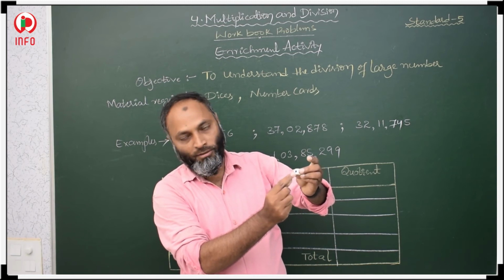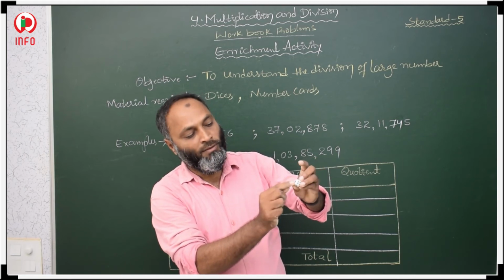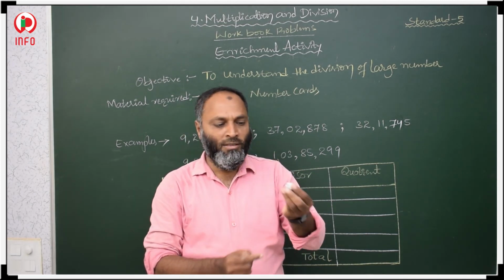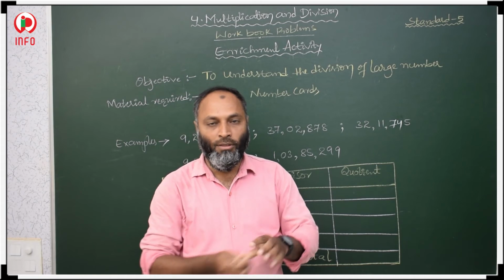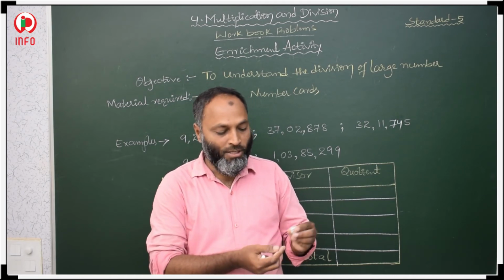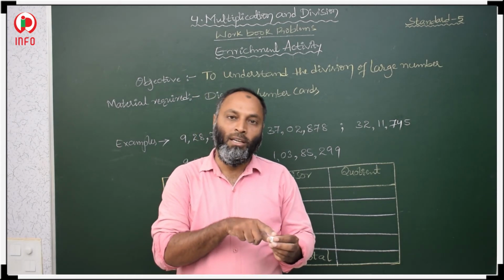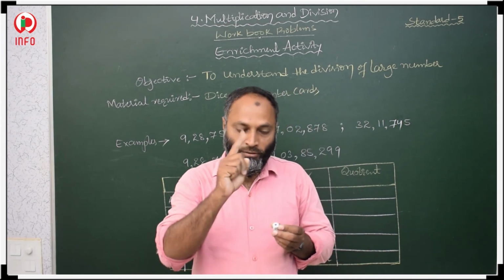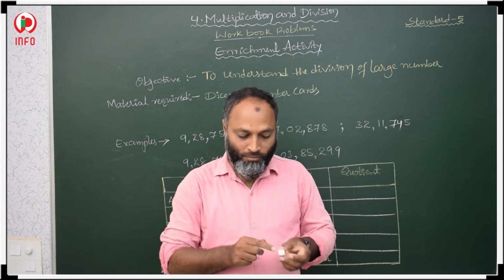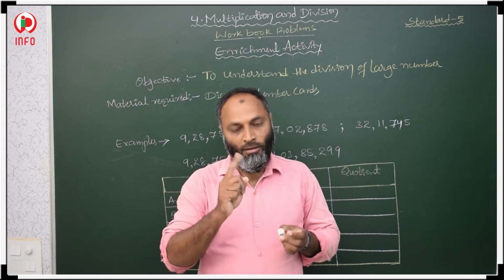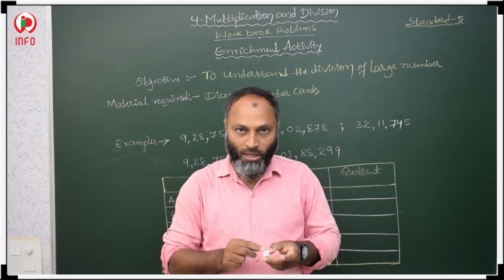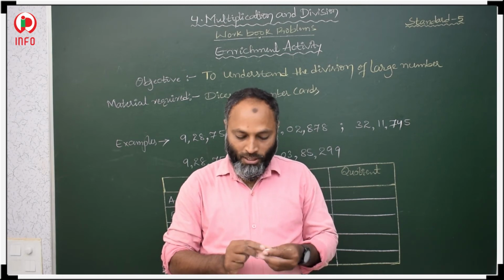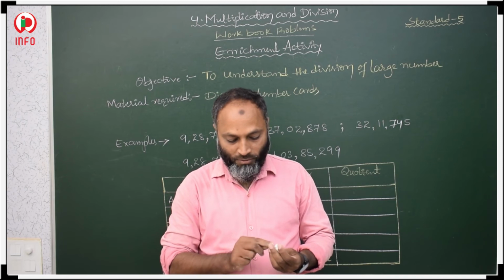If this comes on top, then it is 1. We have to count the number of dots. If we throw a die, then we check what comes on top. If 1 dot comes, we get 1. If 2 dots come, then 2. If 3 dots, then 3. If 4 dots, then 4. If 5 dots, then it is 5.